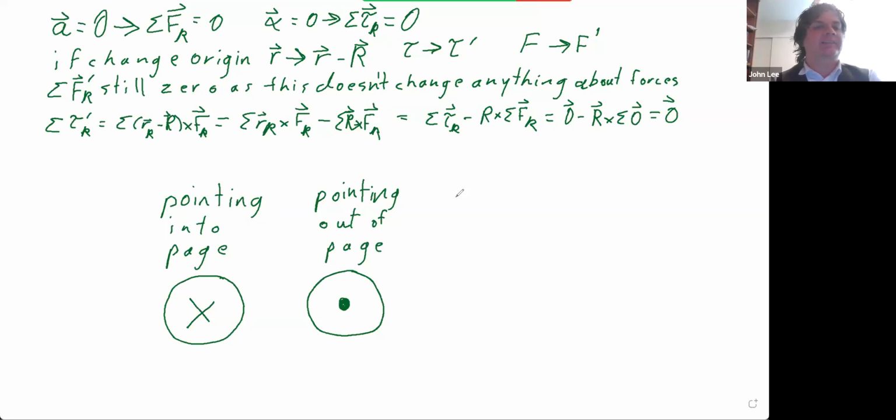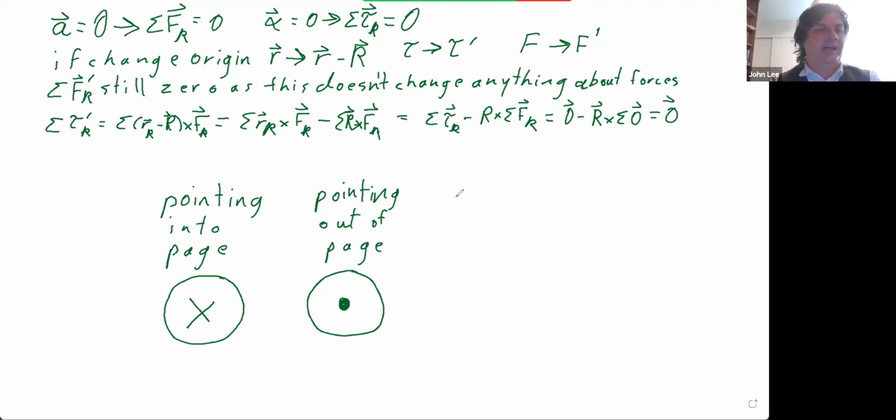So, what is static equilibrium? Static equilibrium is what we're concerned about, and it's what happens when a system isn't moving.